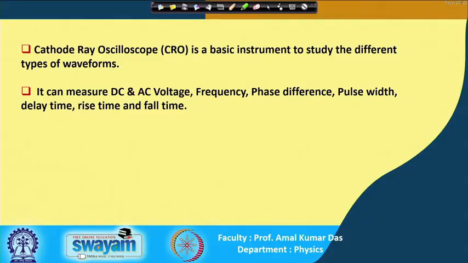So we can display the waveforms on the screen, and from there we have different controls to manipulate along the x direction, along the y direction, and also time, which helps to measure these parameters.